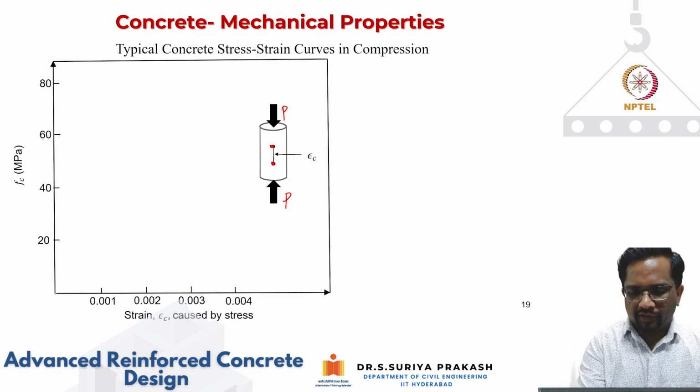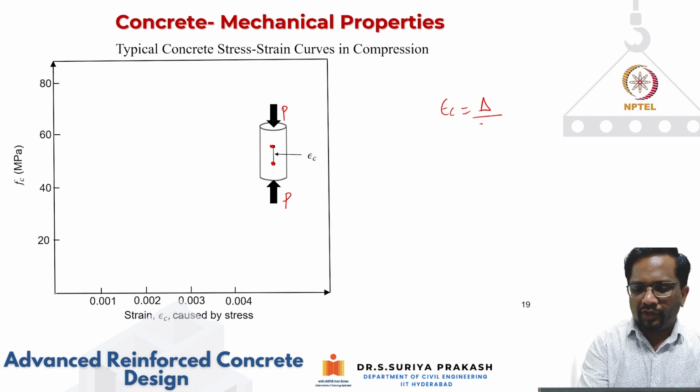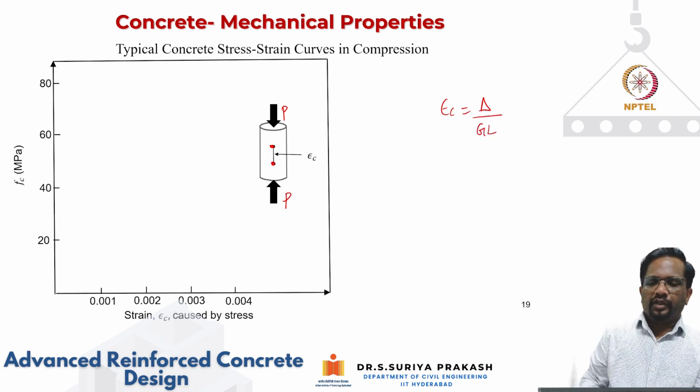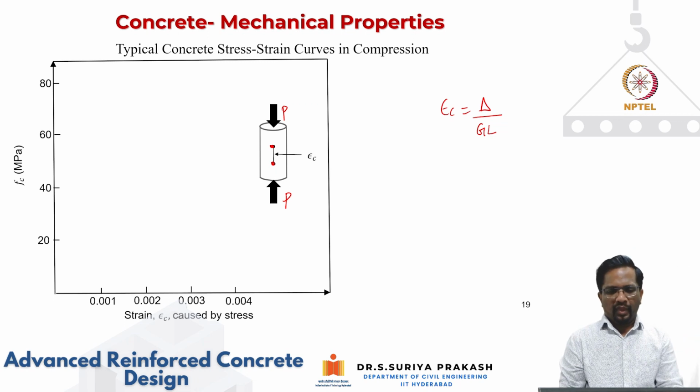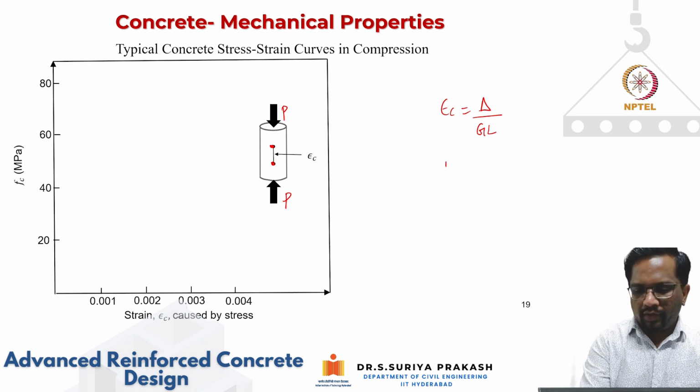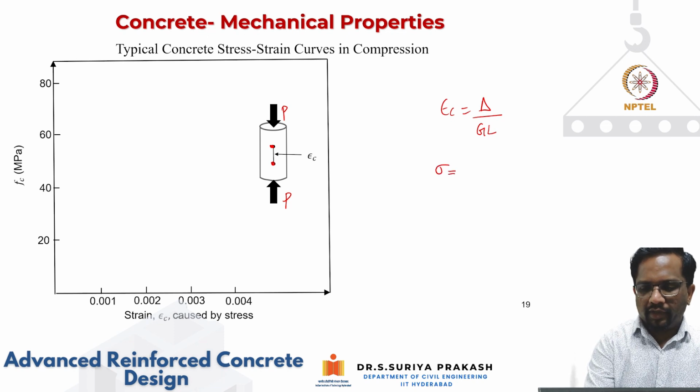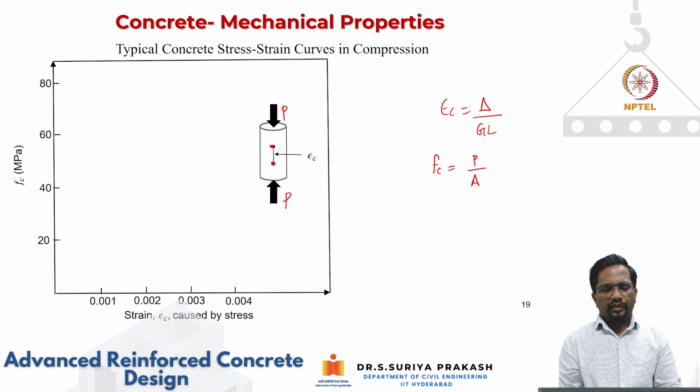And you know the definition of strain, epsilon c is nothing but, if you know the deformation between 2 points, and if you know your original length, which is the gauge length, then you can get your strain epsilon c. And if I know my load, then my stress, let me write f c, can be written as P divided by area, where area is basically the cross-section area of your cylinder.